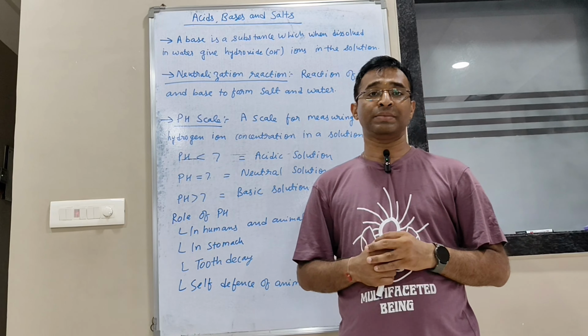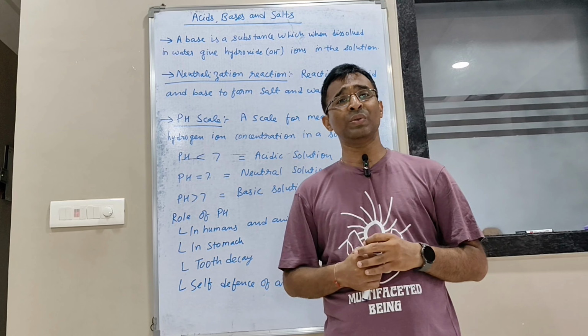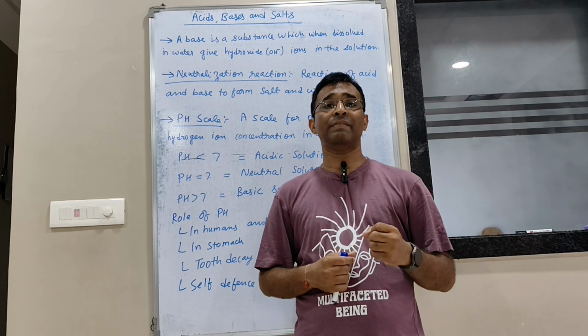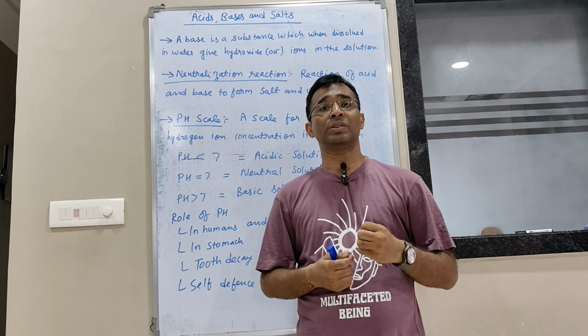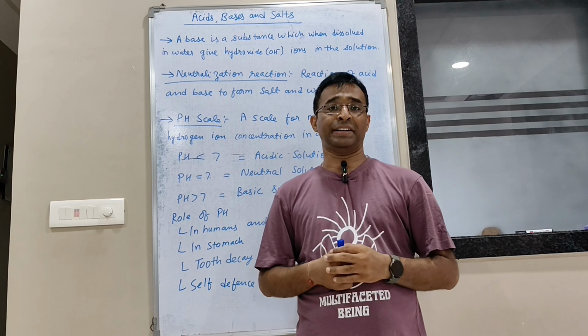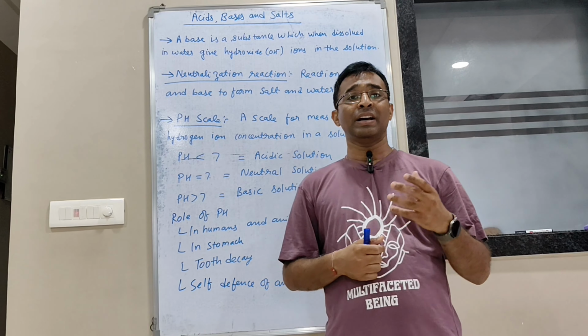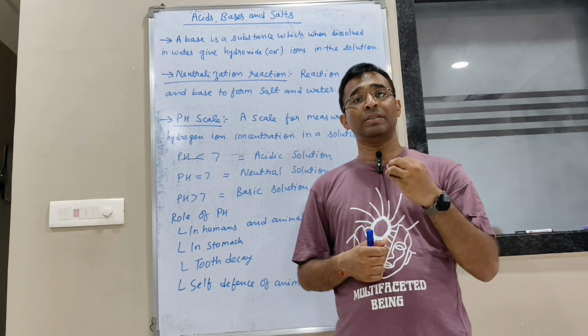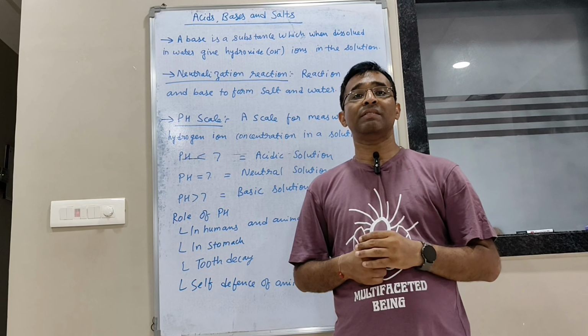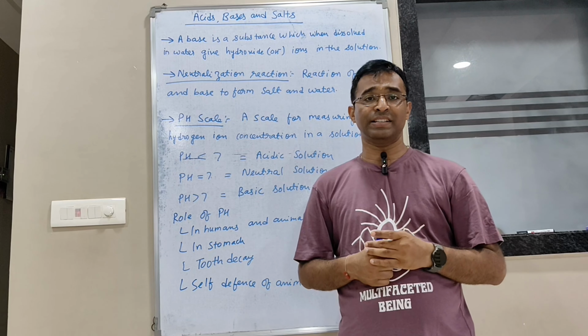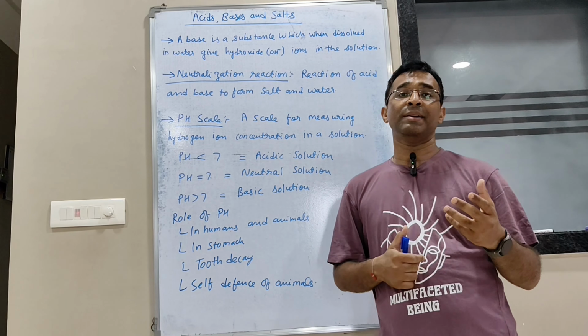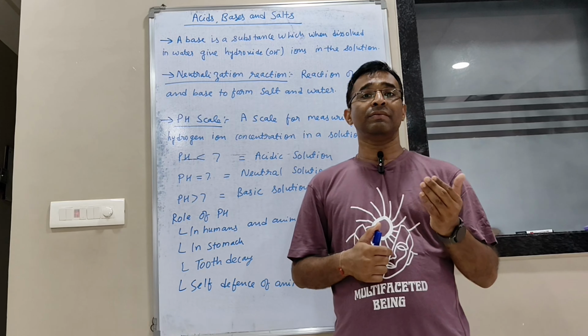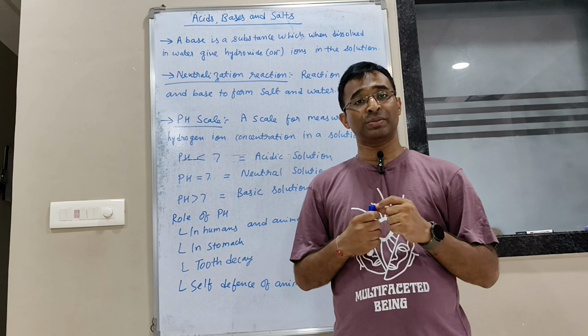Third, tooth decay. In our mouth we have teeth, and we usually avoid having chocolates or sweets at night time because the sweetness sticks in our teeth and generates acids. To remove those acids we use brushing.